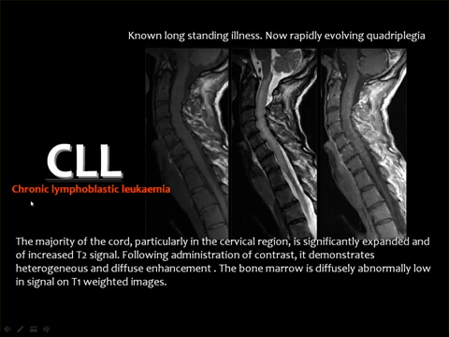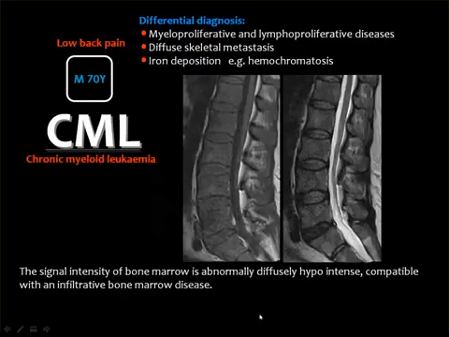If you know that this patient had lymphoma, then this is lymphoma infiltration. If you know that this patient had a primary malignancy, although this is not a frequent appearance of metastasis, then you should look carefully for the possibility of metastasis.